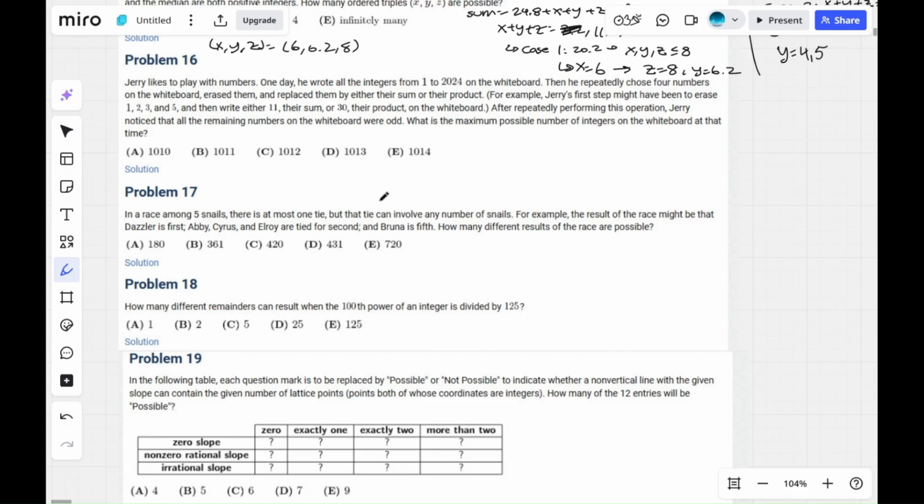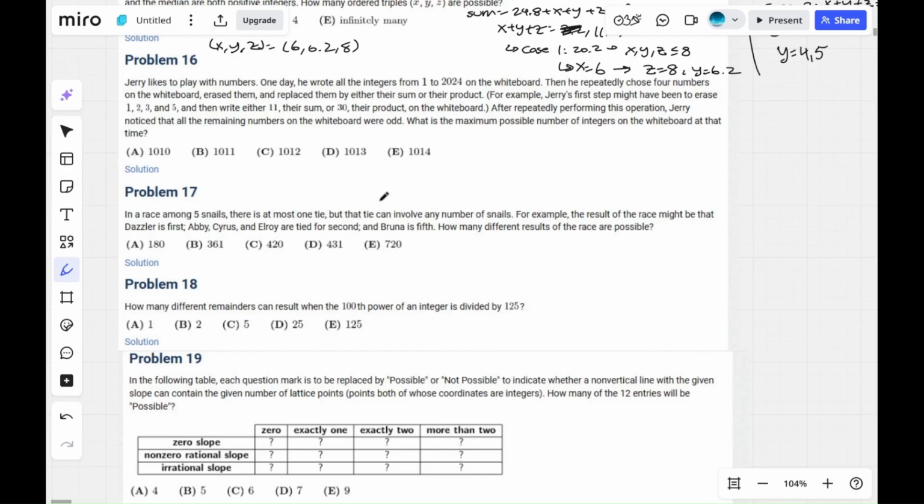So we see that we can replace all the odd numbers with 1 and all the even numbers with 0. And the conditions of adding and multiplying would still be true. So now we have 1012 ones and 1012 zeros.